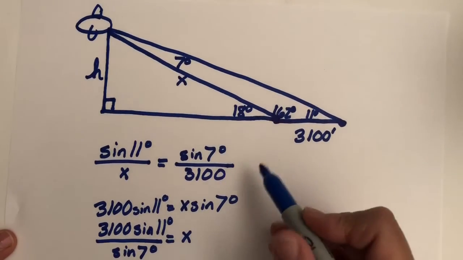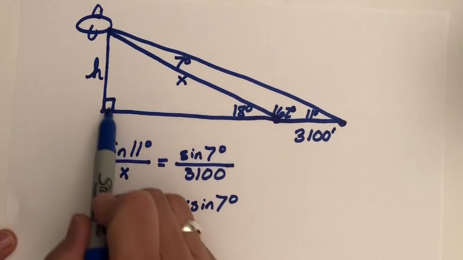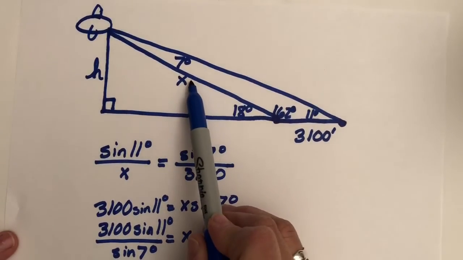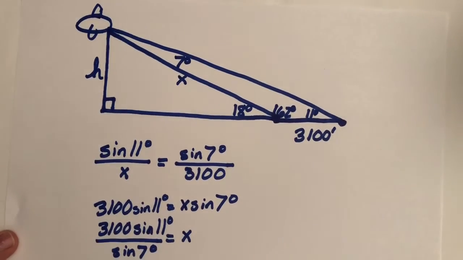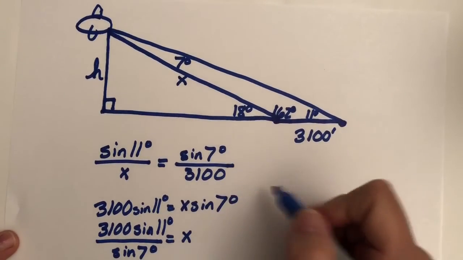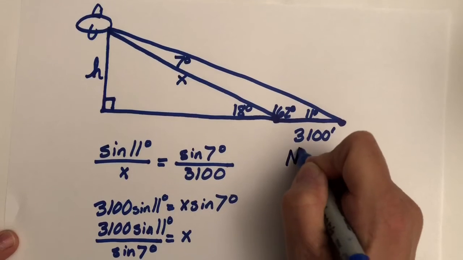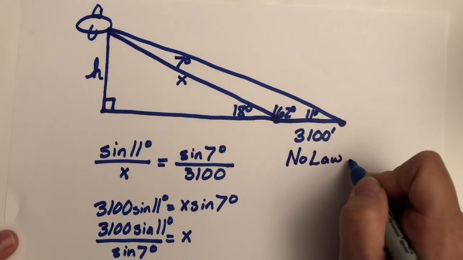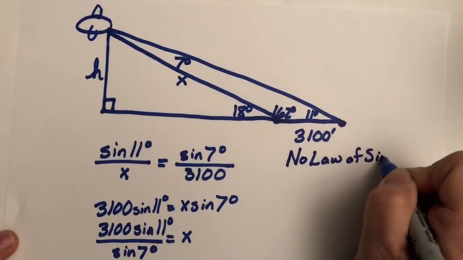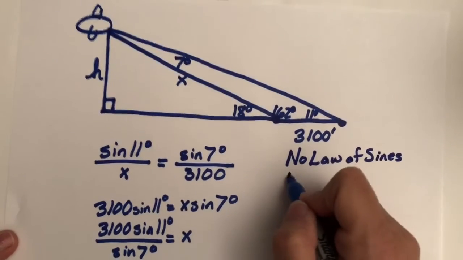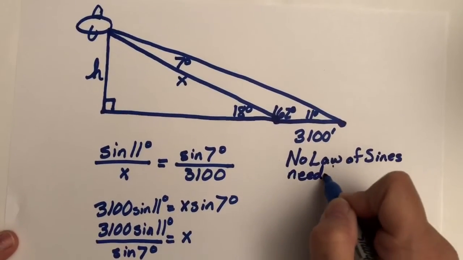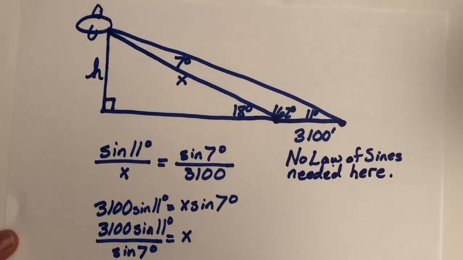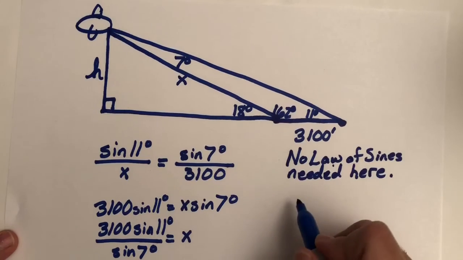But now we have a triangle that's a right triangle where one side is known and we're trying to find another side. We don't need the law of sines for solving this right triangle. And by the way, you can use the law of sines, but it's just a bigger tool than we need.